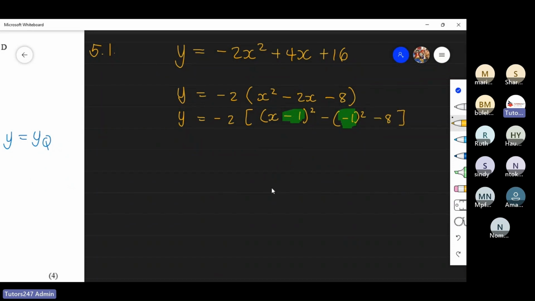So I'll repeat the process once more. The first step is to get rid of the coefficient of x squared. If it's anything besides 1, you need to factor it out and get rid of it. You must only have 1 as your coefficient of x squared. From there, you bring down x and you divide the coefficient of x by 2, and then you subtract the square of the coefficient of x divided by 2.